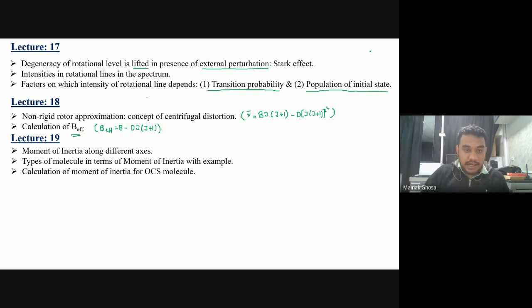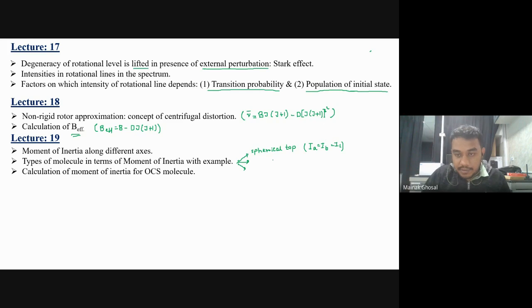and what information calculating it can give about the molecule. It was discussed that there could be three types of molecule. One is the spherical top, which is for tetrahedral or octahedral molecules, for which Ia equals Ib equals Ic.